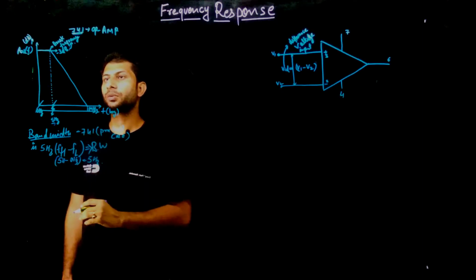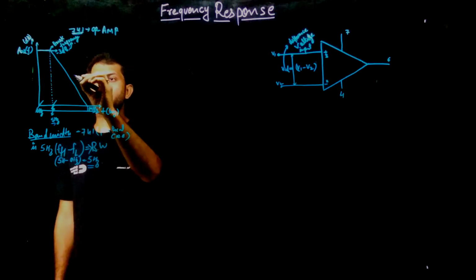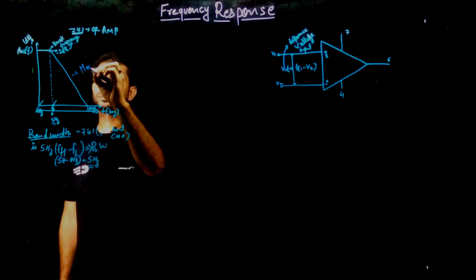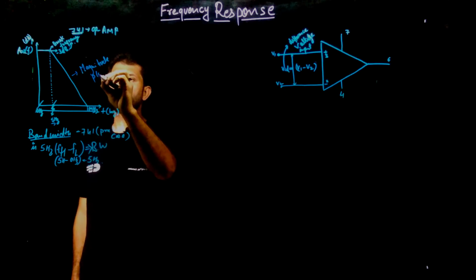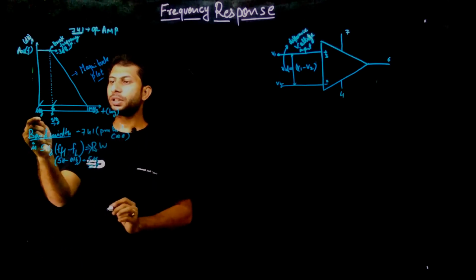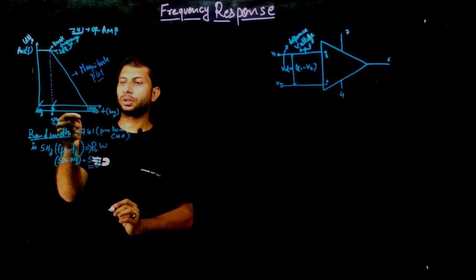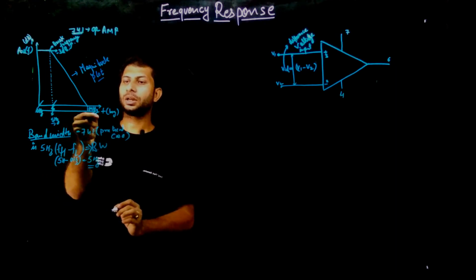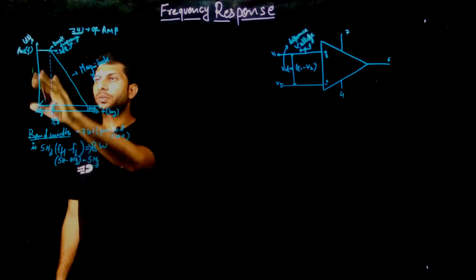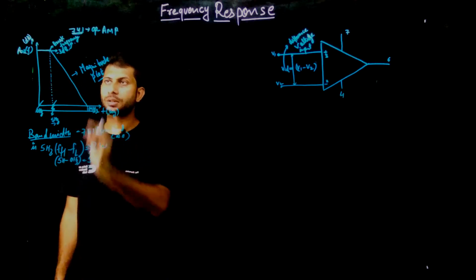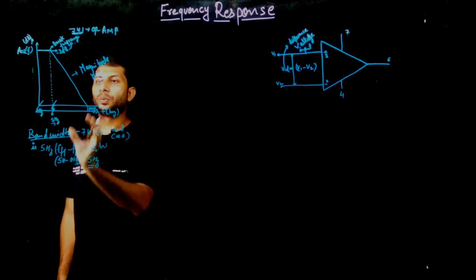So what we try to find: we observe in this graph, which is also known as the magnitude plot, that as we increase the frequency from 0 Hz to 5 Hz, 5 Hz to 10 kilohertz, 100 kilohertz and up to 1 megahertz, the gain or the strength on the y-axis decreases.